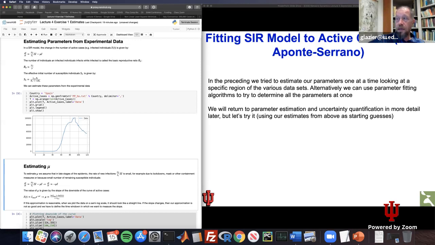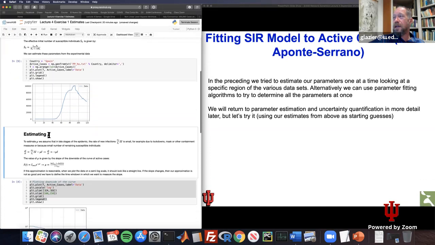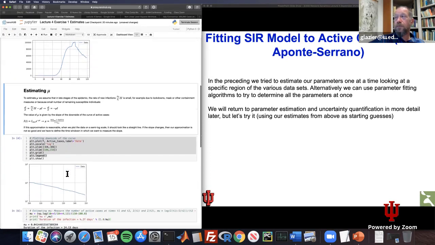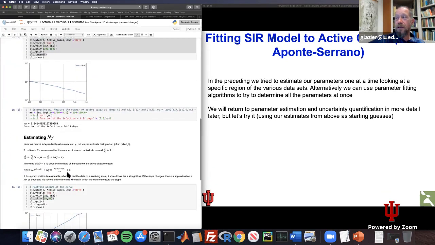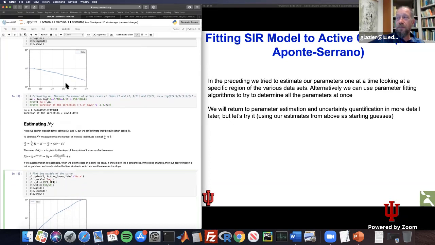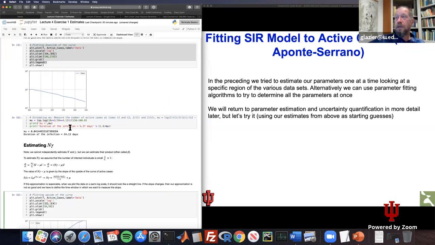And then you'll have to type in by hand. It's not auto-fitted. You'll have to type in by hand in cell number 12 the maximum value in your window divided by the minimum value in your window, and the ending time minus the starting time for your window, and that'll give you mu.